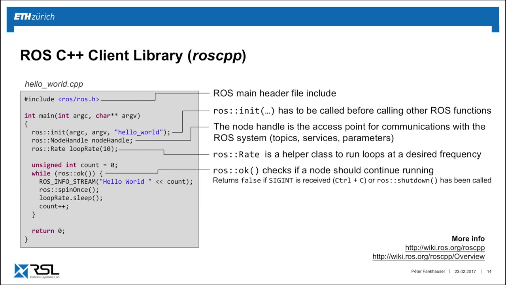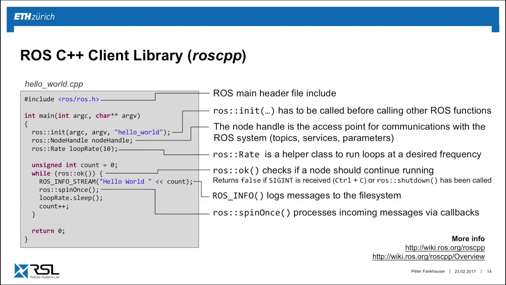So while the ROS node is supposed to run, ros::ok is true, and this while loop continues. Then it uses this macro ROS_INFO to spit out the message into your console and to the log system. We're going to talk about this also in a second. And then it calls spin once. Spinning means going through the list of internal message and service calls, etc., that ROS needs to process to enable the communication.